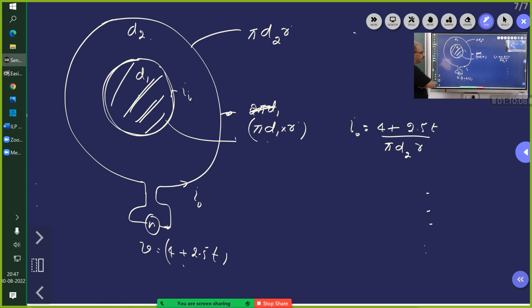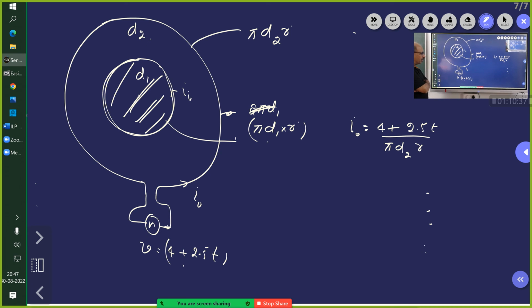How will you go about doing it? Try to use yesterday's Maxwell's equations.